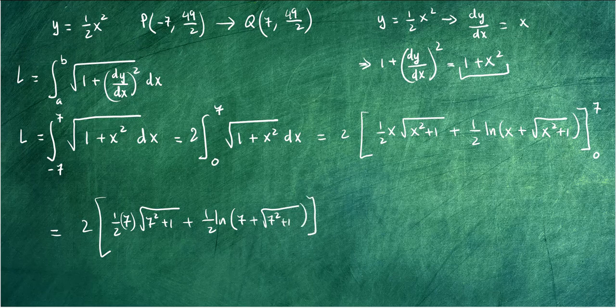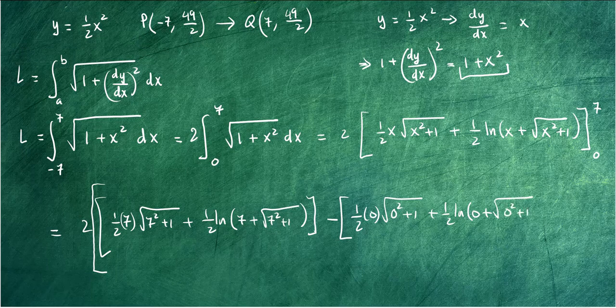And then do the minus. So I'm going to put another bracket outside, and then plug in the 0. So when you plug in the 0, you will actually get 1/2 times 0 times the square root of 0 squared plus 1, plus 1/2 ln of 0 plus the square root of 0 squared plus 1.